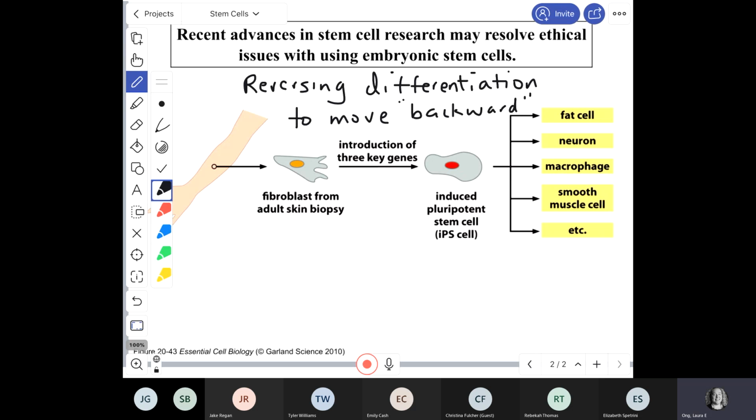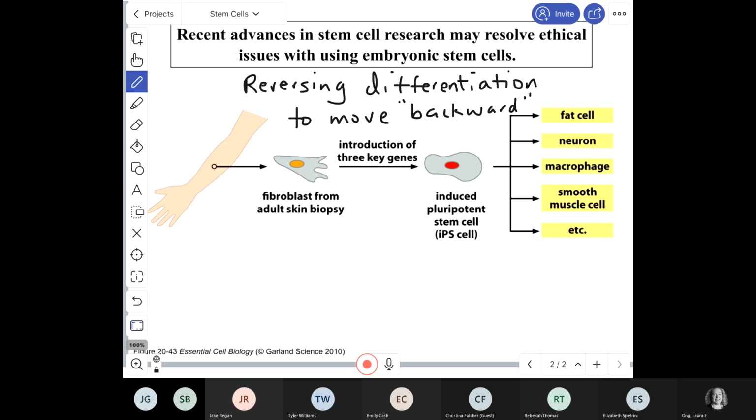Just call it backward. And it used to be, when I was your age, the only way to do that was to start with embryonic stem cells, basically from fetal tissue or embryonic human tissue. That was the only way that scientists knew how to go backward then.